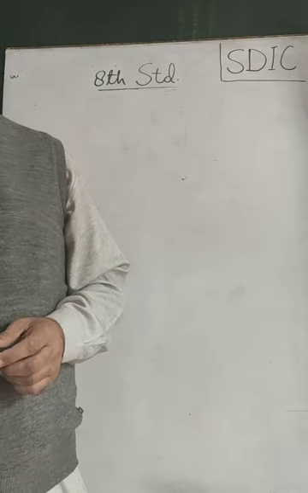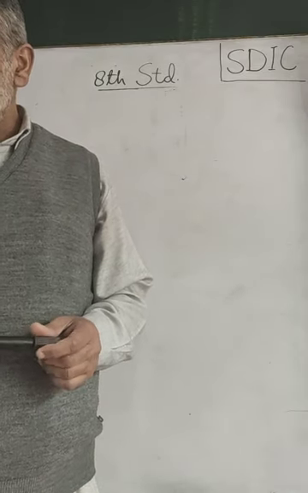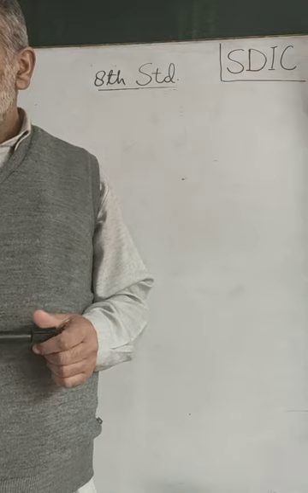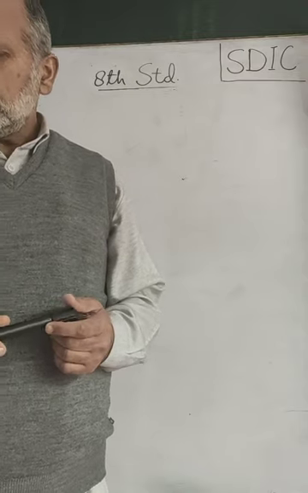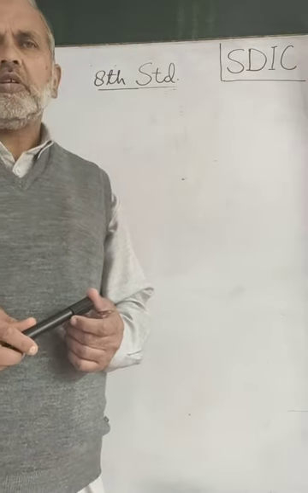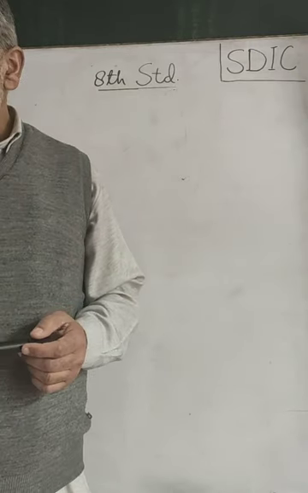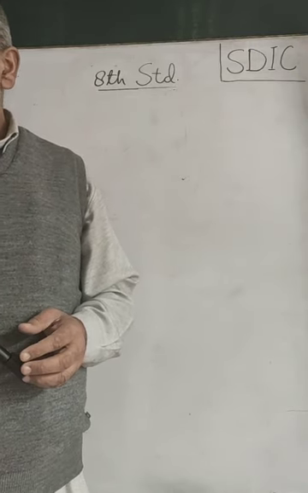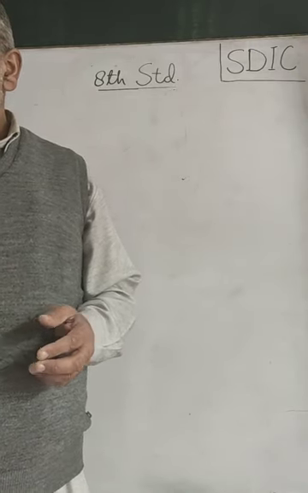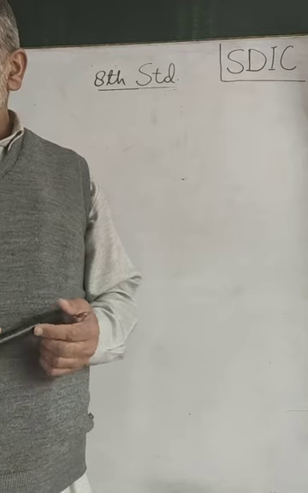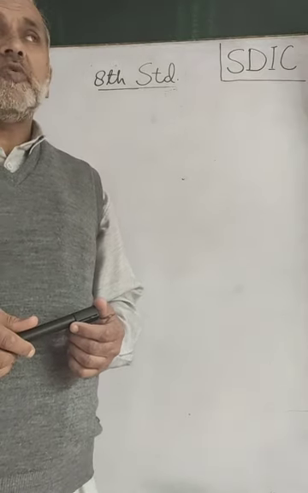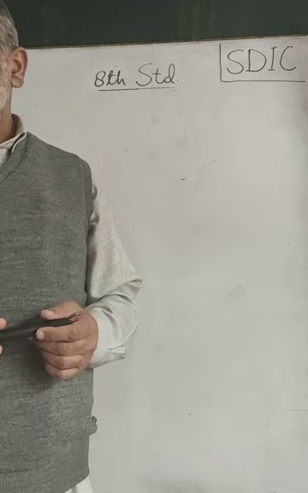In question 3, you have a table given in your textbook. This table shows you which monomials you have to multiply.